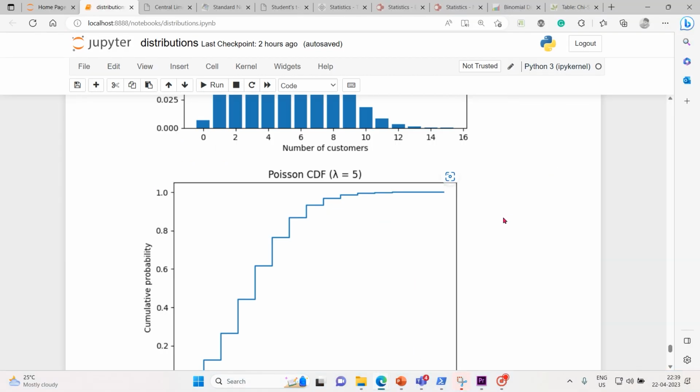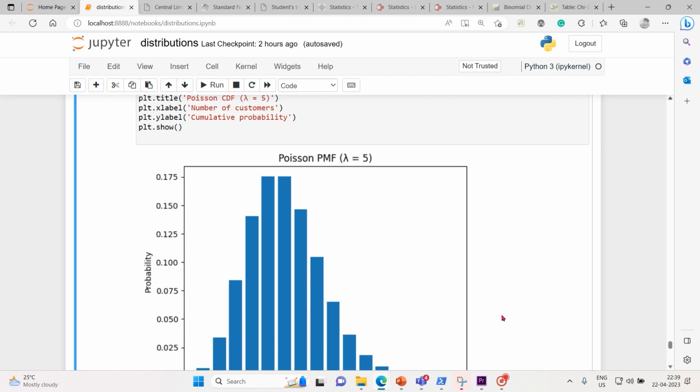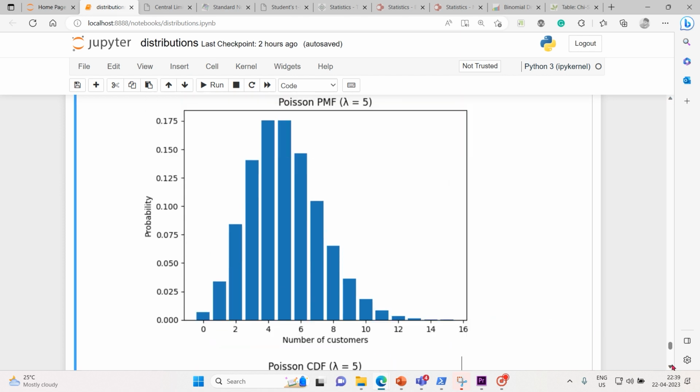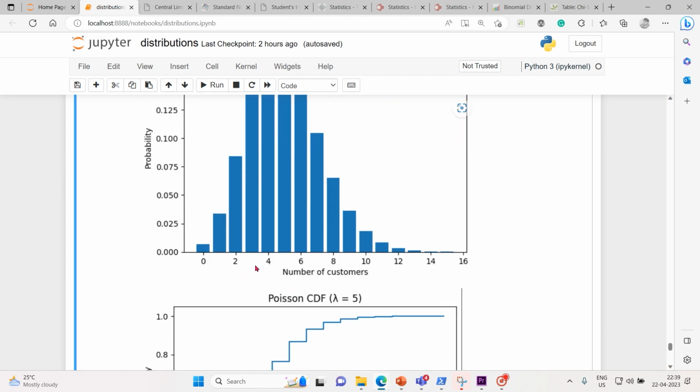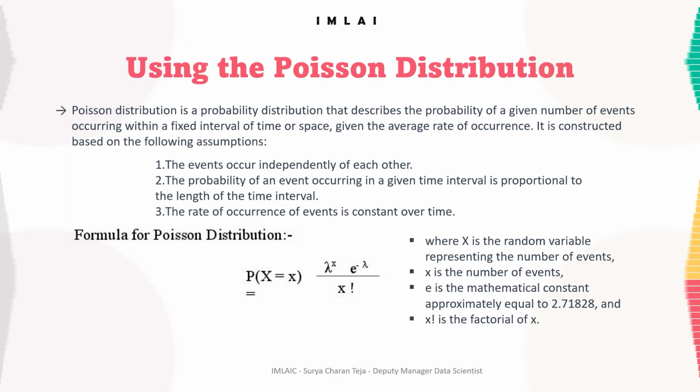See, capital X is number of customers. Small x is 0, 2, 4, 6, 8, 10, 12, 14. That's it. Simple. So that's what E is, equal to 2.71828, and then x factorial is the factorial of x.